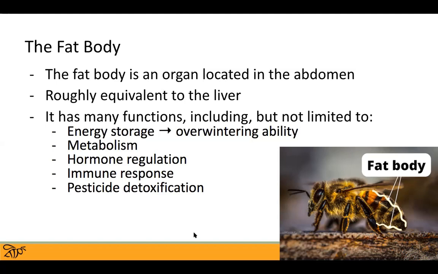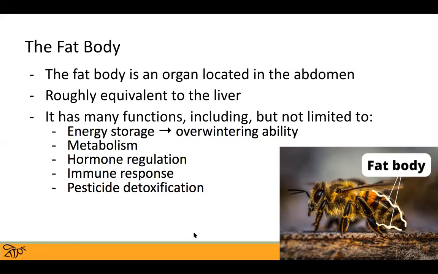So these functions include internal energy storage. We'll talk about this more in a minute, but this energy storage is really important for the bees to be able to overwinter properly. It also is important for metabolism, which is basically the way that the body converts food into energy.